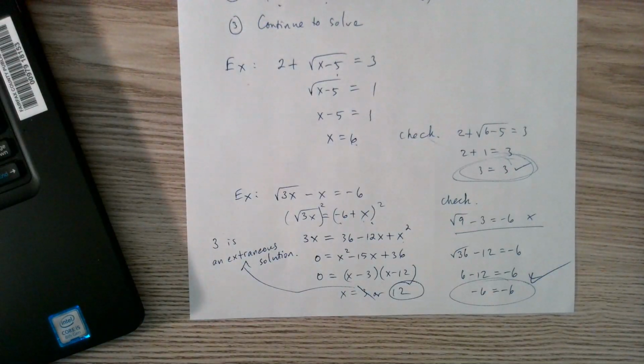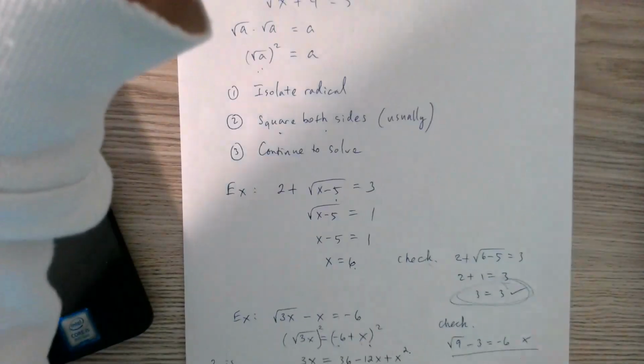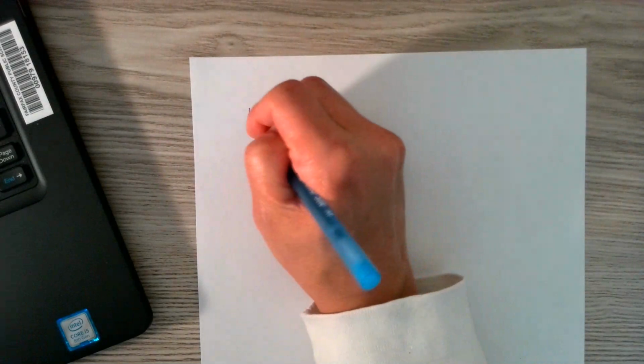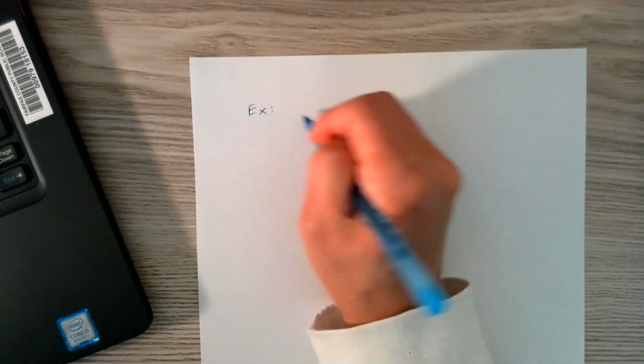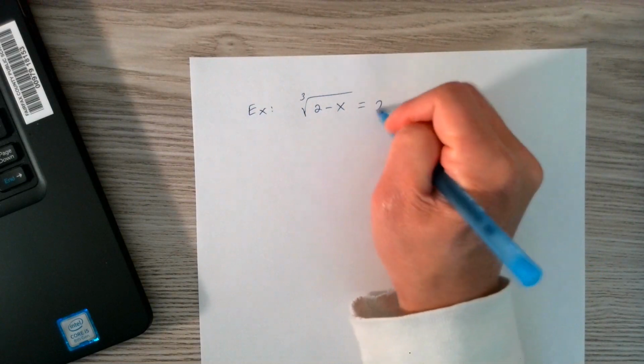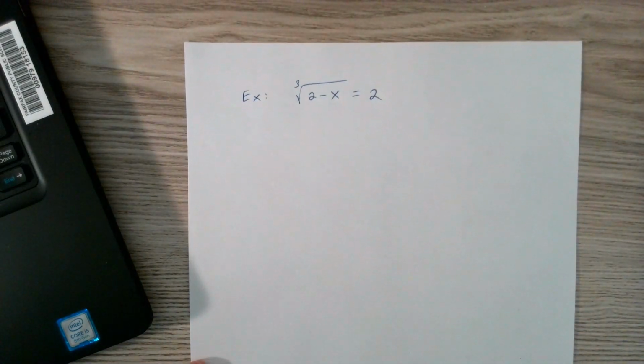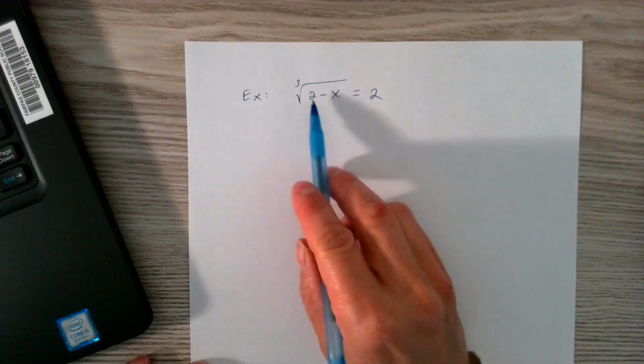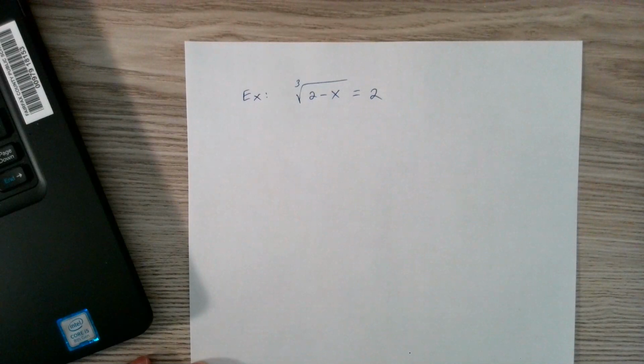Okay, I have one more example for you. Okay, notice the difference in this equation. Cube root of 2 minus x, not square root.